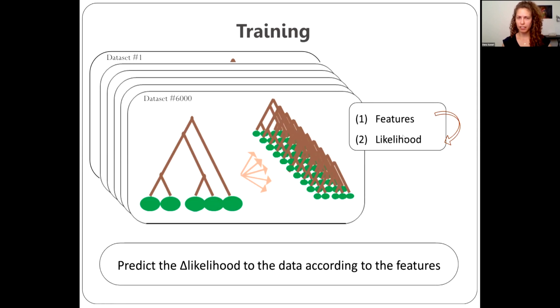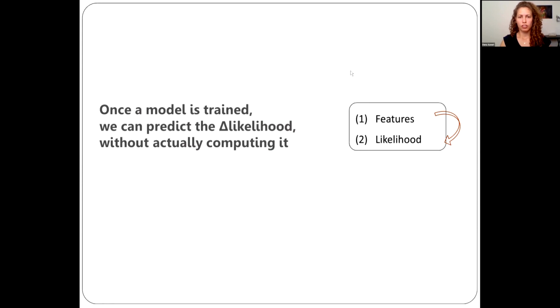So I harnessed a machine learning algorithm named random forest and trained a model that learns the mapping between the features and our score. So now the trained model can predict the change in likelihood without explicitly calculating the likelihood function.